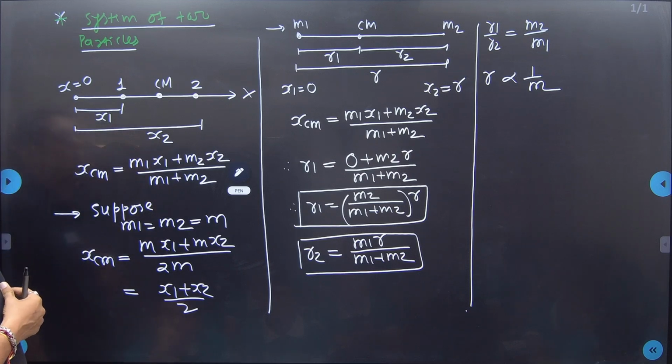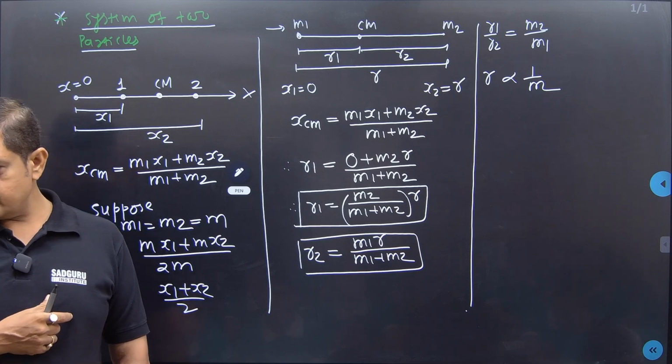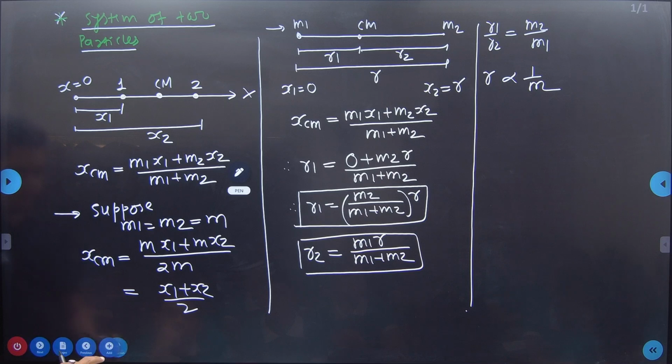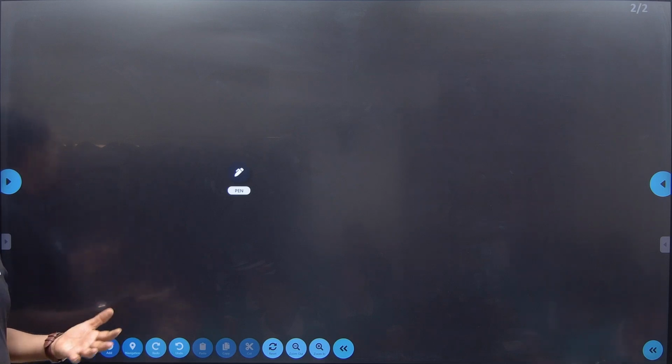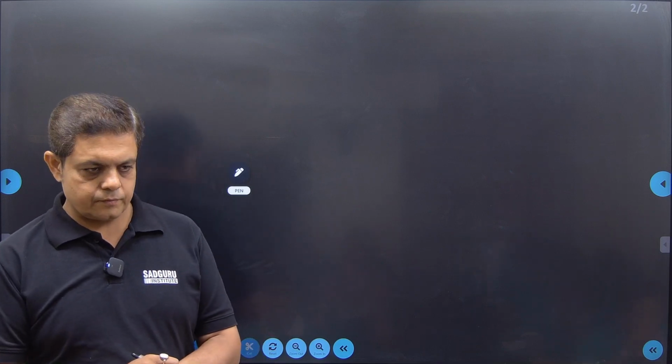Here we have discussed center of mass for a system of two particles. Suppose it is a system of n particles, in either 2-dimension or 3-dimension.